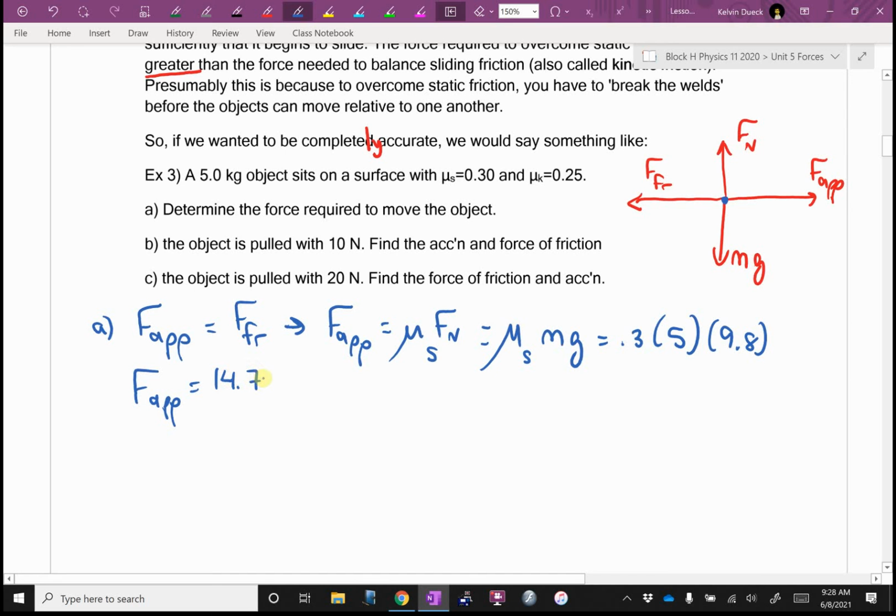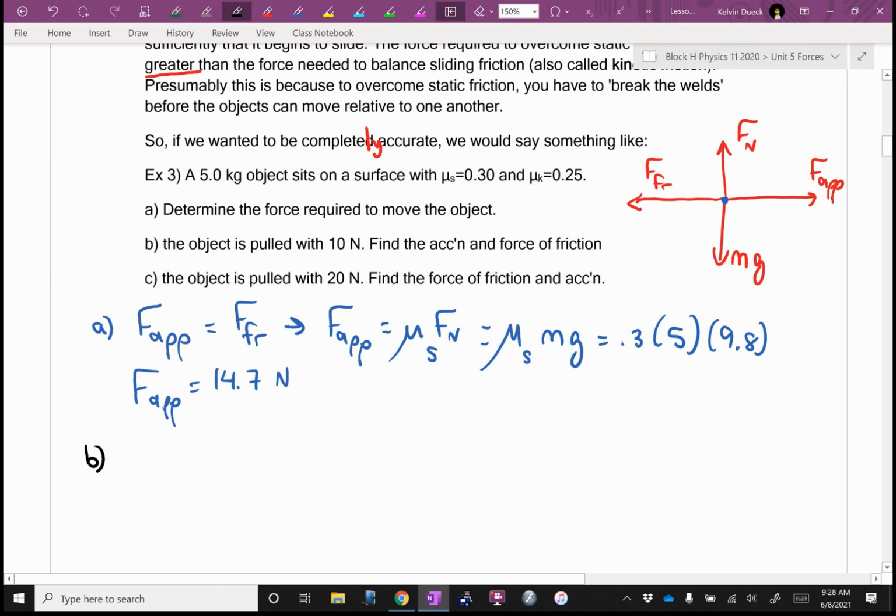Give it to me exactly. Yeah, it's 14.7. Really, 14.7000000000001 would be enough to break the welds and start it to accelerate. Okay, so, part B.